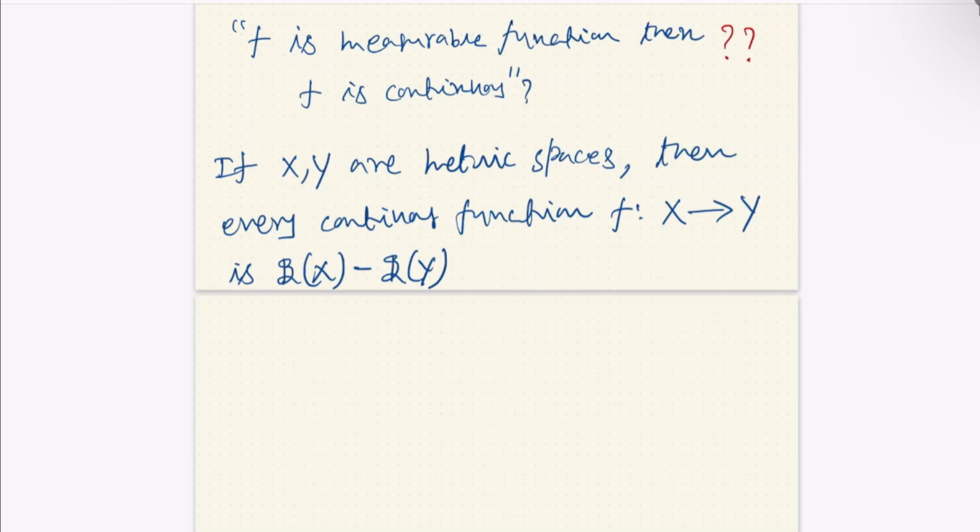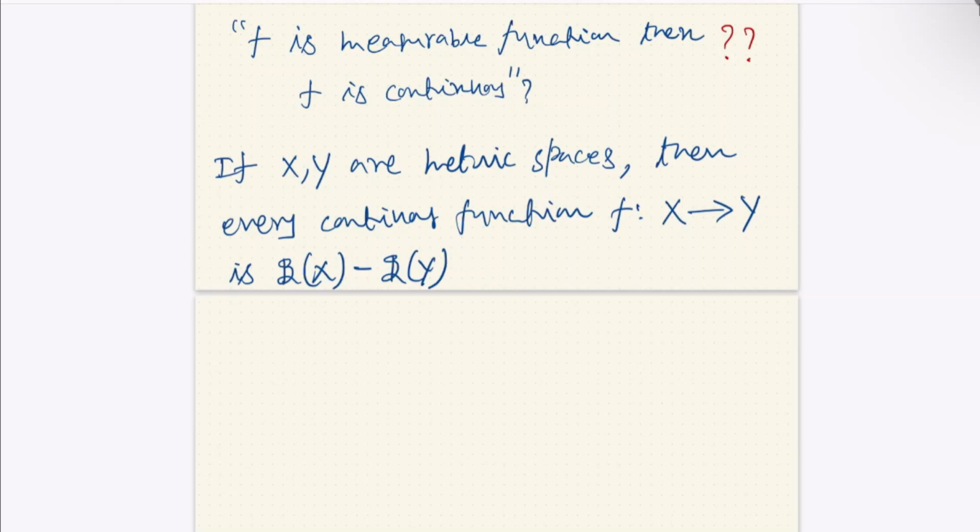That is, Borel x is the sigma algebra of the domain, and Borel y is the sigma algebra of the codomain of the function f.